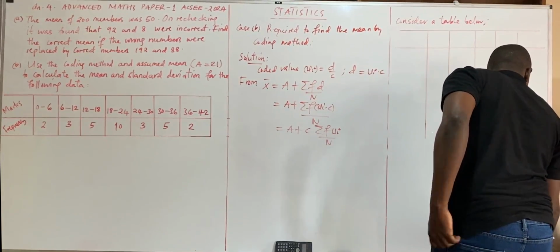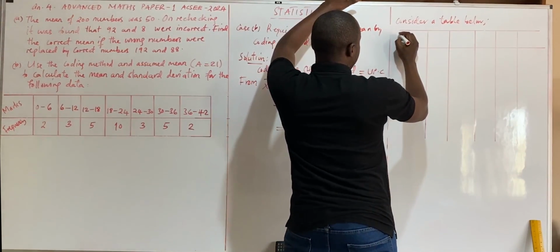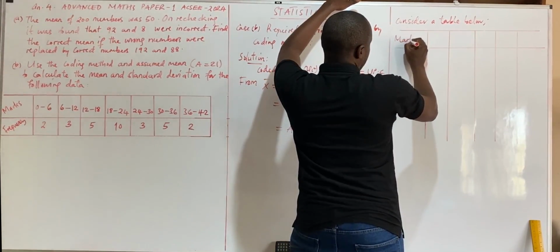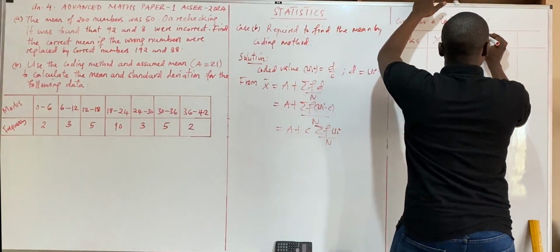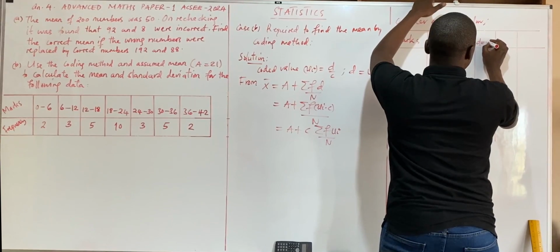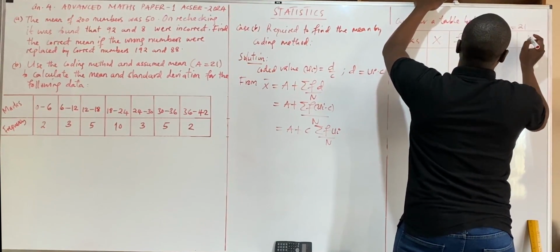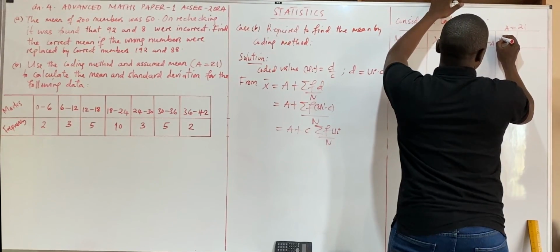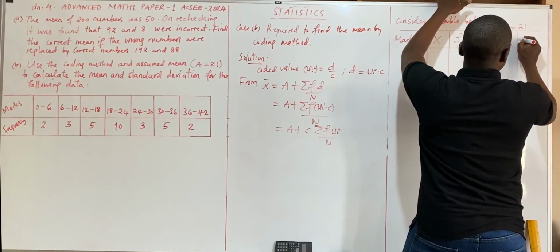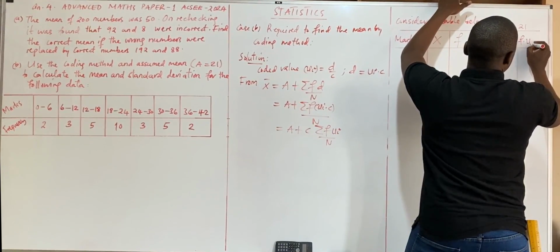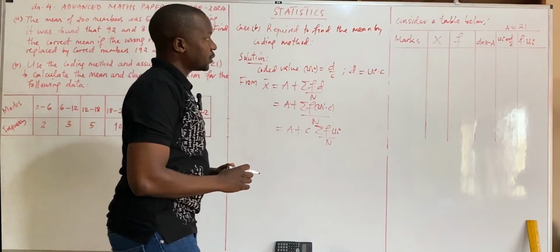From this table, we have several columns. Here we have the marks, the class mark, the frequency, the deviation, that is class mark minus the assumed mean, which is 21, the coded value, that is deviation over class size, and the frequency times the coded value, as the formula shows.